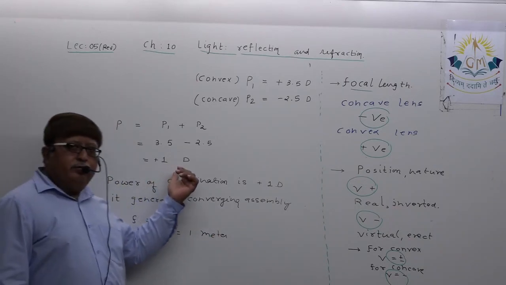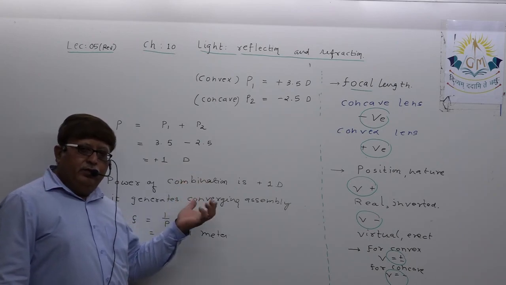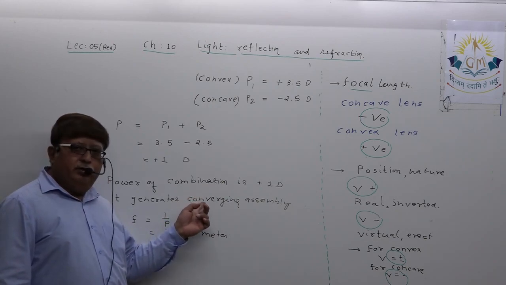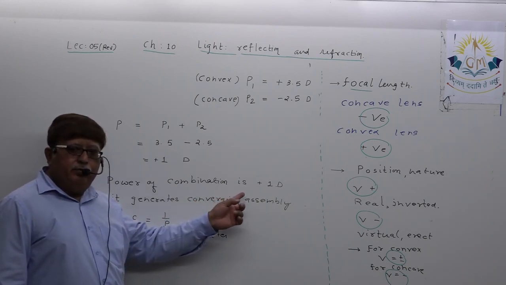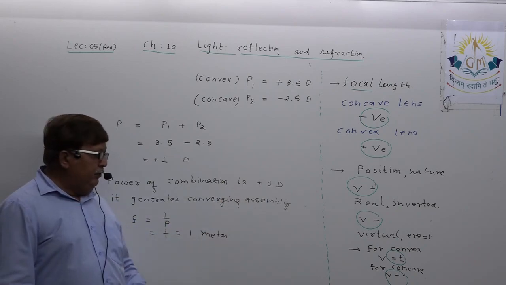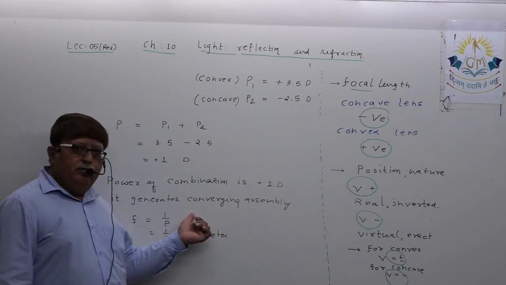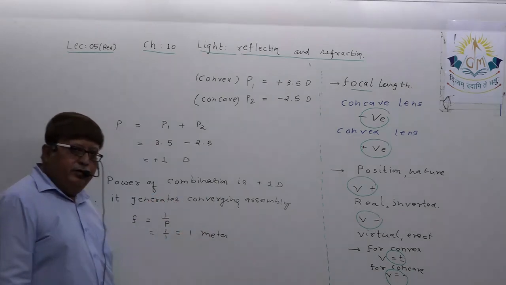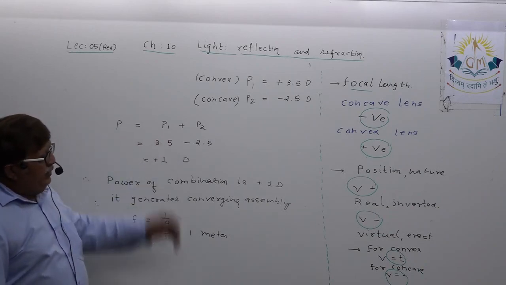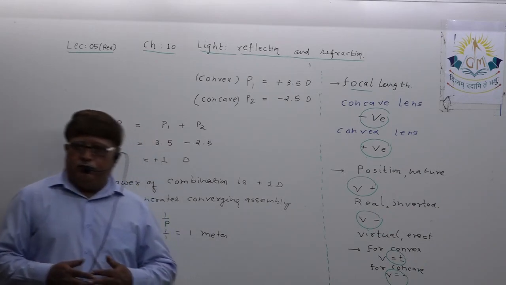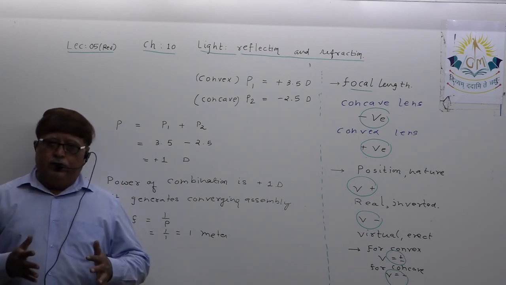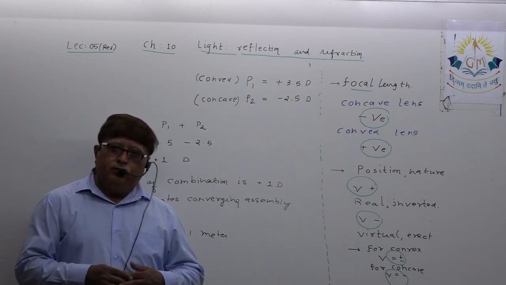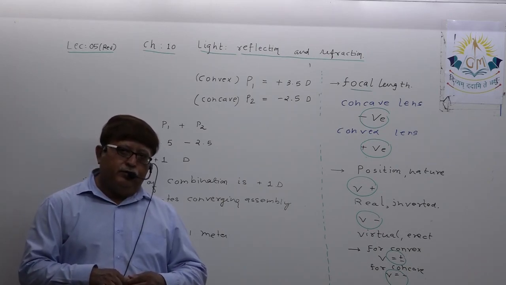The value of the power will give you an idea whether the assembly will be converging or diverging. If we had got minus 1 D, you would write that it generates a diverging assembly. As per the requirement, such assemblies of lenses are also combined today to create the necessary power in the design of optical instruments. You understood this?